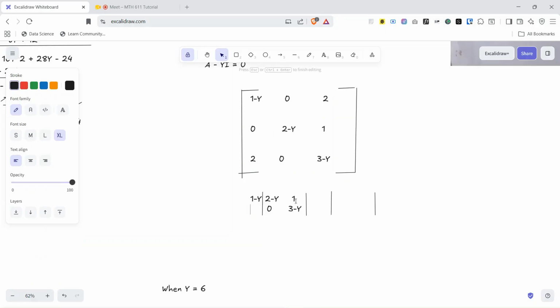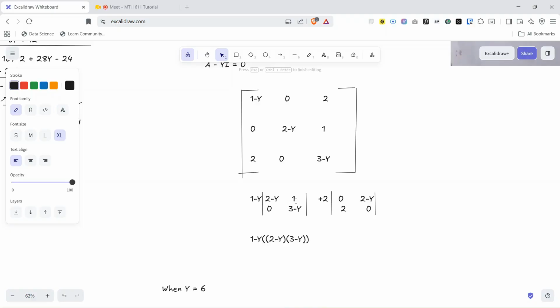Then this will now be plus 2 into 0, 2 minus lambda, 2 and 0. So this will give us 1 minus lambda into 2 minus lambda, 3 minus lambda.